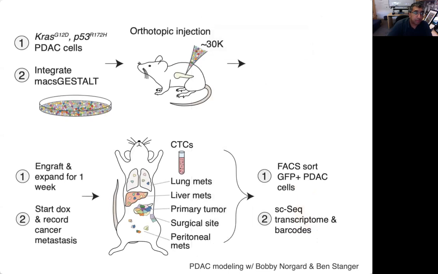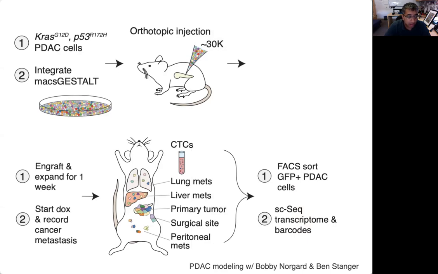So this is the specific system that Cayman got set up in collaboration with Bobby Nograd and Ben Strager, which involves this orthotopic injection of cells bearing these KRAS and P53 mutations into a mouse, and allowing those to then engraft and expand, and you get metastases at multiple sites.